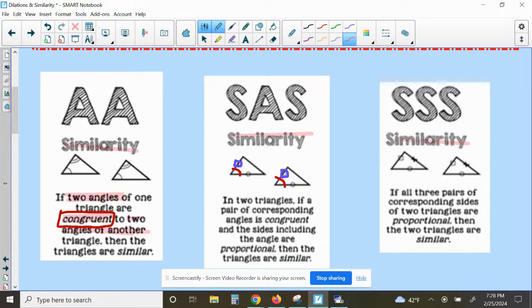And then this side over this side. Now you see how side, angle, side, do you notice how both of these sides have to be touching the angle? So both touching the angle, just like we did when we had congruent.